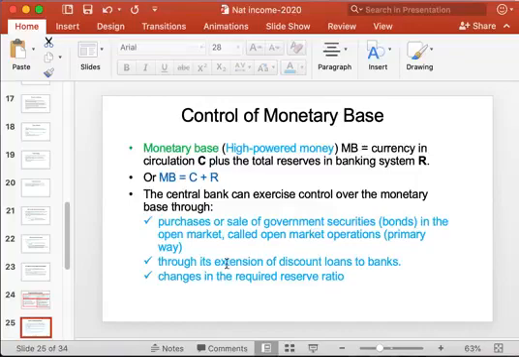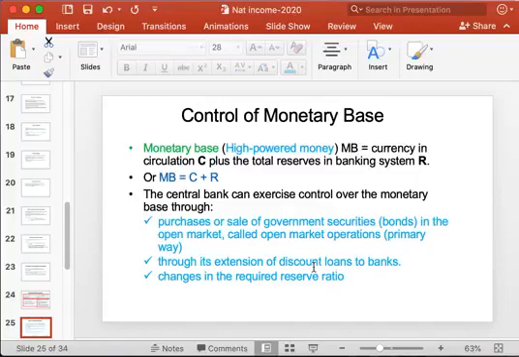So government also can actually increase the supply of money through extension of discount loans to bank.